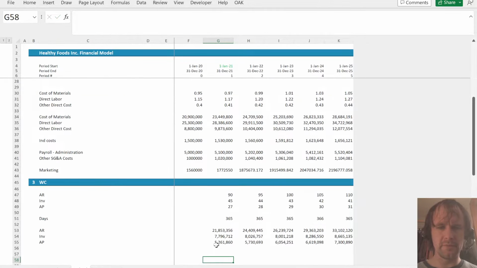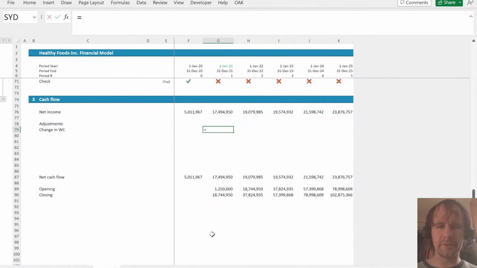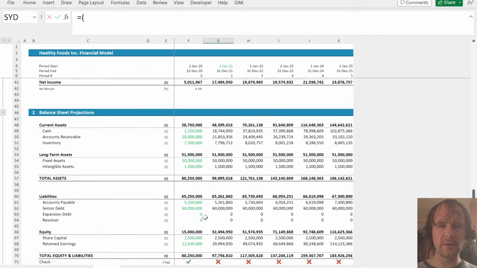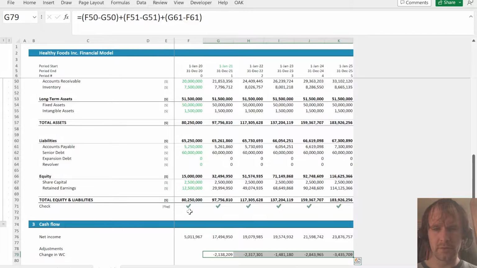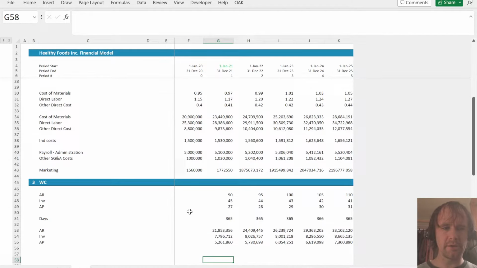No, I don't have the old ones there, so we'll do it there. Okay, so the assets, we're going to go old minus new, old minus new, and then for the liability, we'll go new minus old. And now my balance sheet balances again. Hooray! Okay, so that's working capital.